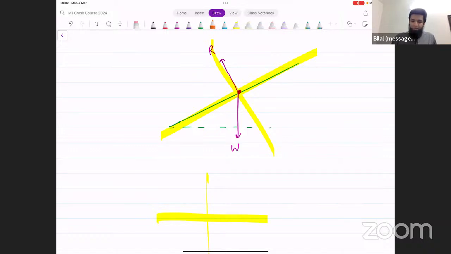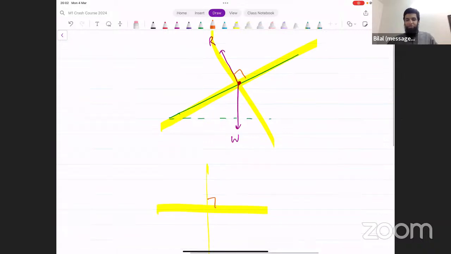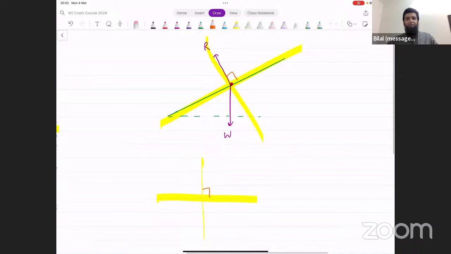In both cases, you see the components that we have, they are perpendicular to each other. So basically, it's not necessary that one component has to be horizontal and the other has to be vertical. The components that we are finding can actually be in any direction.